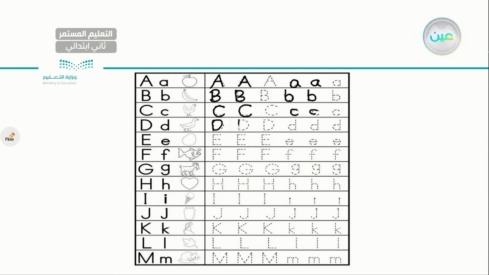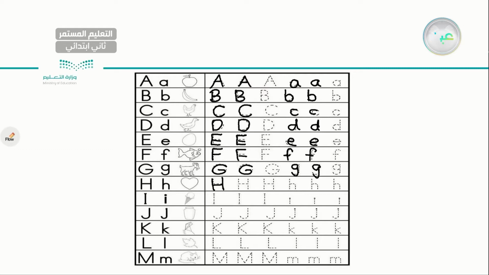D for duck. Very good. E for egg, capital and small letter. I have F, fish, capital letter and small. G for goat, again capital and small letter.